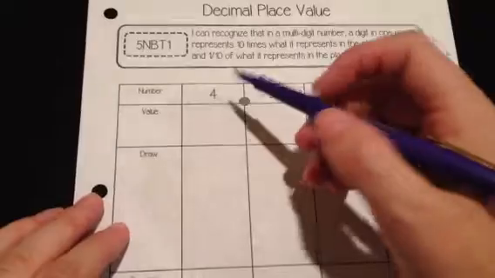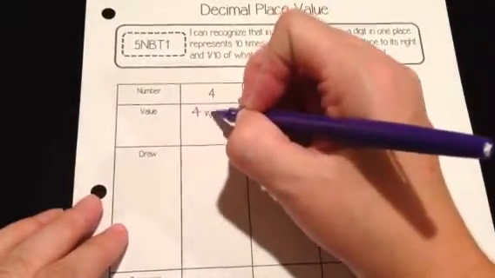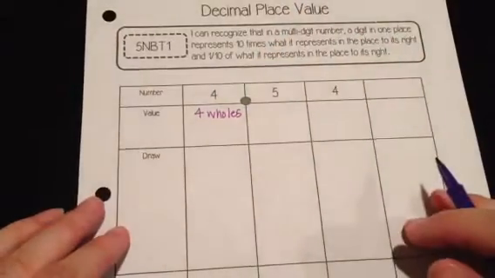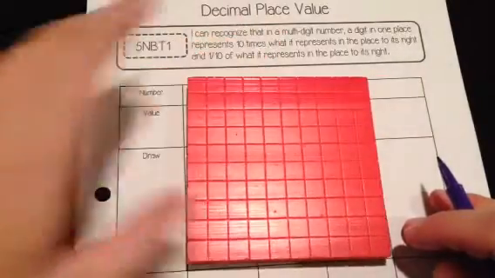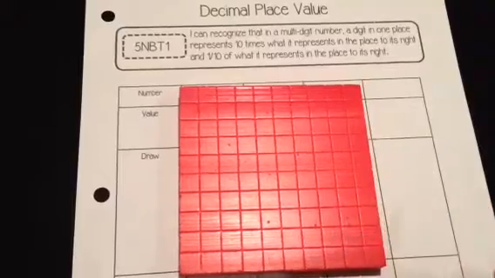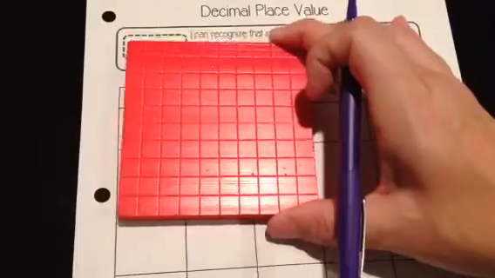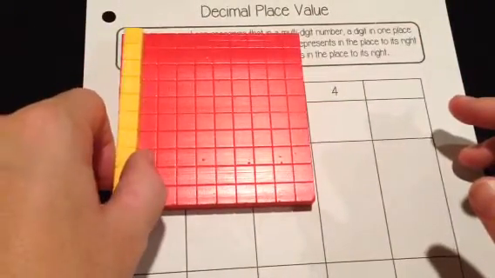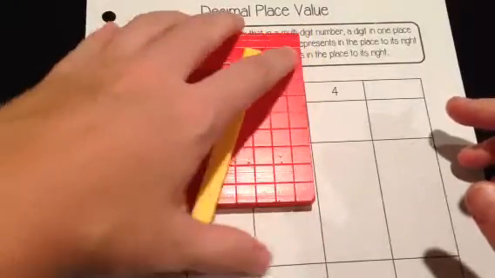So in this space here under the value, we can say that this 4 represents 4 wholes or 4 ones. We also said that we would use this hundredths block as our one whole to represent one whole. So if I had 4 of these, I can also say that it would take 40 of these tenths blocks to equal the same thing.